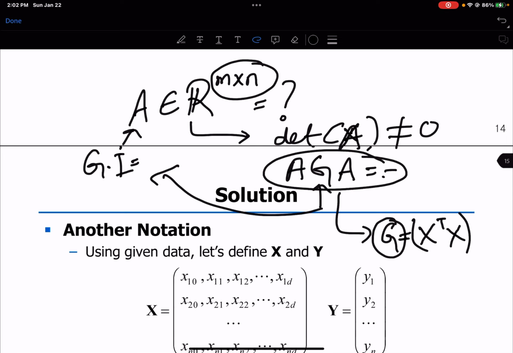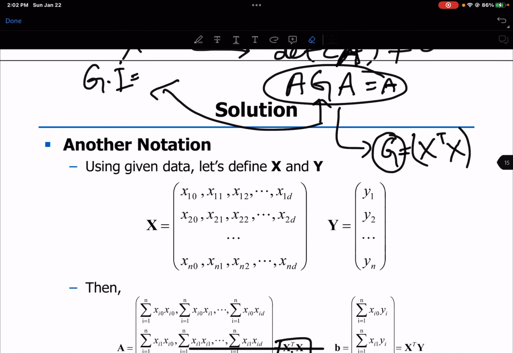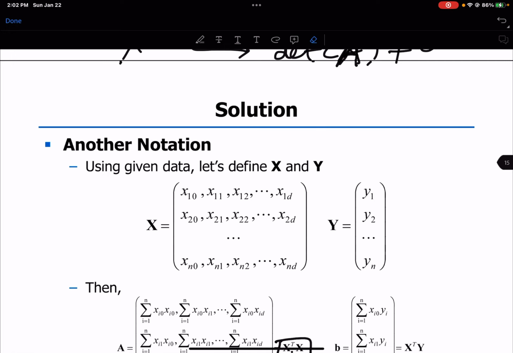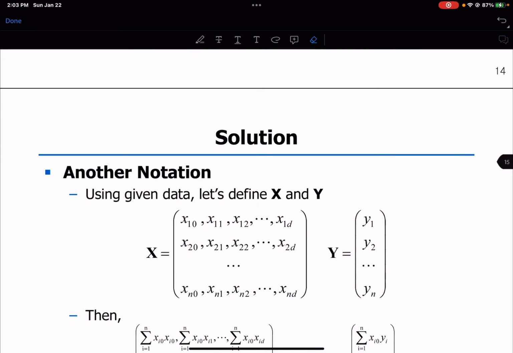First, AGA should be equal to A, and the determinant of A should not be equal to 0. Following on this, this is another notation for finding the inverse of a generalized matrix.